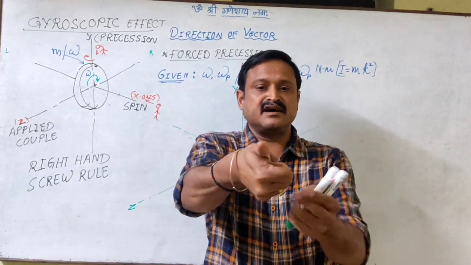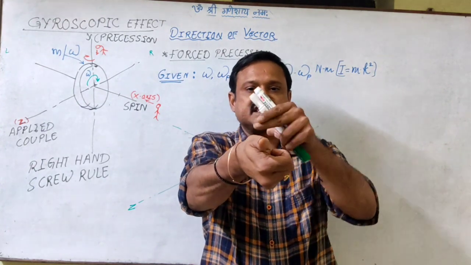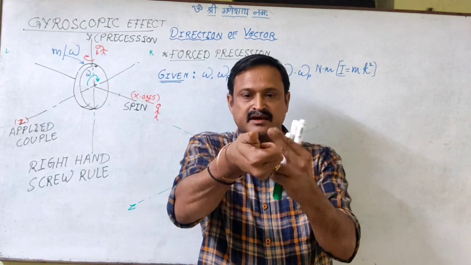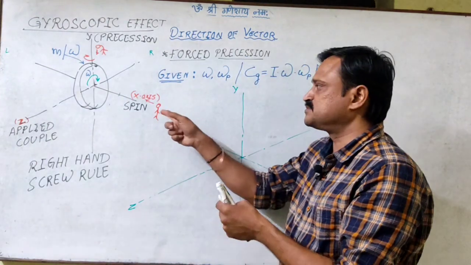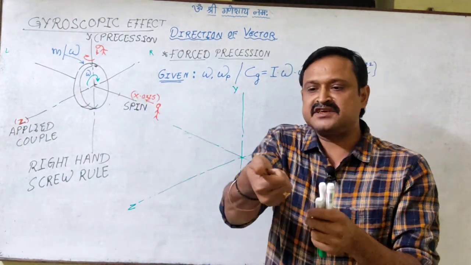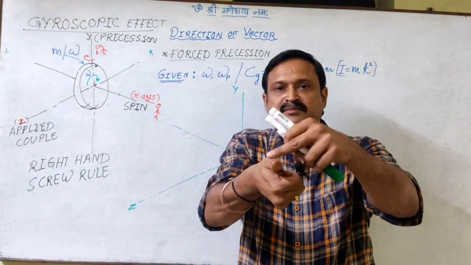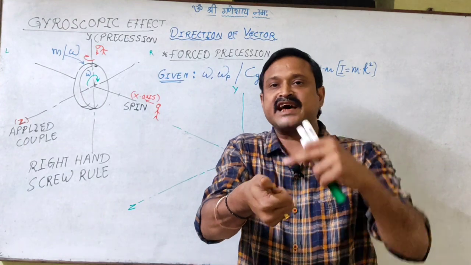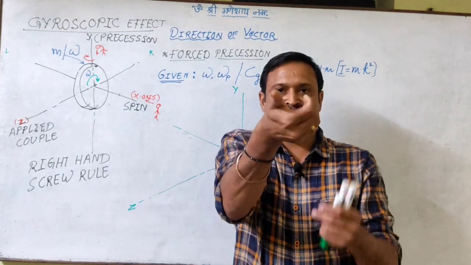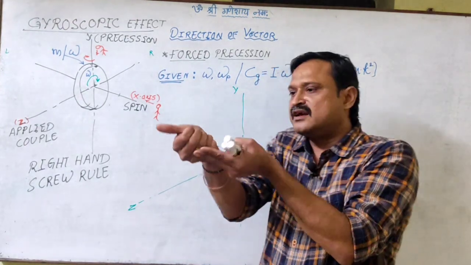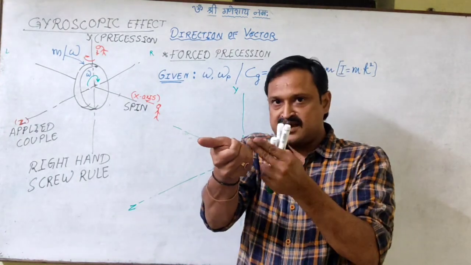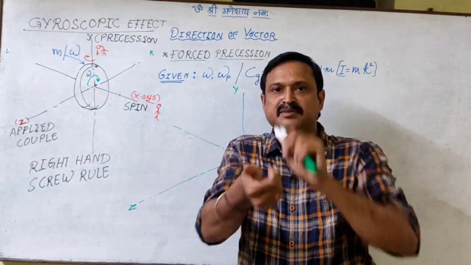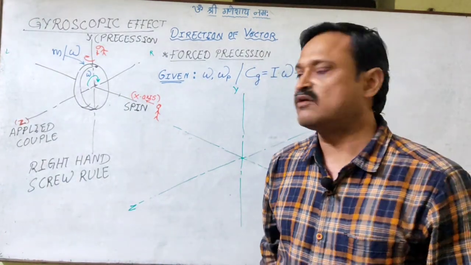When the fingers are curled in the clockwise sense, the thumb will be pointing outwards from my direction of vision. So the observer is standing here. If this is the condition, the thumb will be pointing outward, which will be the direction of the vector, and the fingers are getting curled in the clockwise sense from my point of view, so the vector will be pointing out from the pole of the vector diagram.